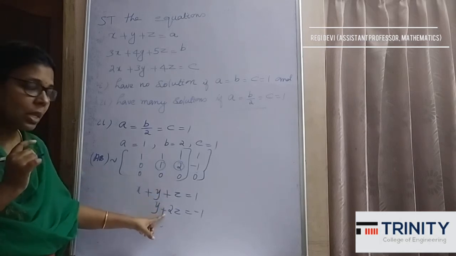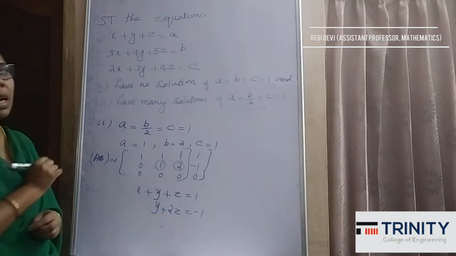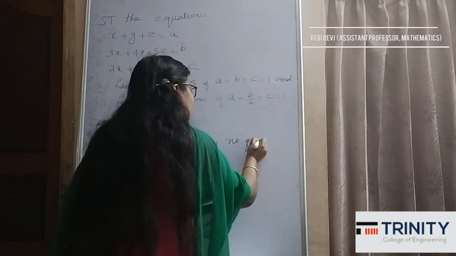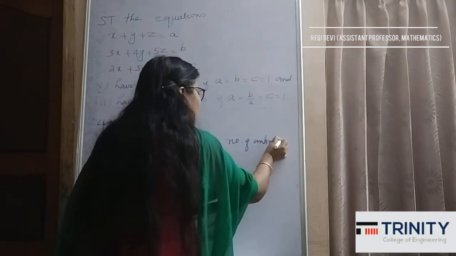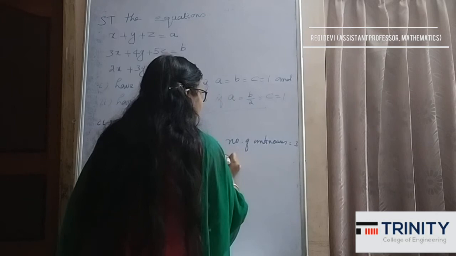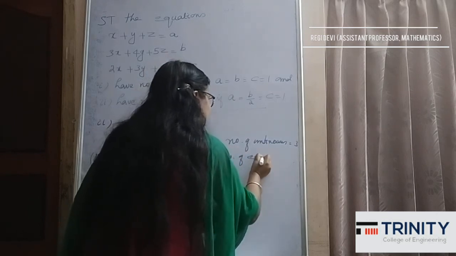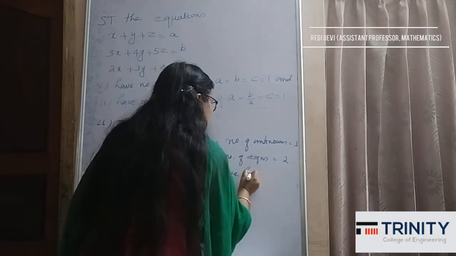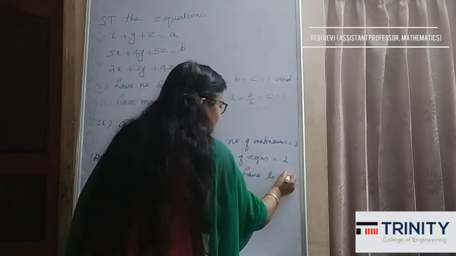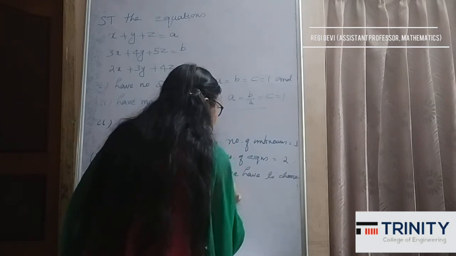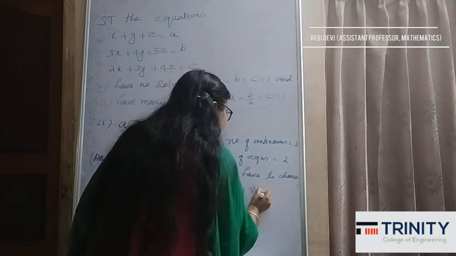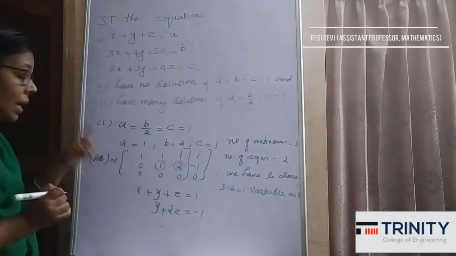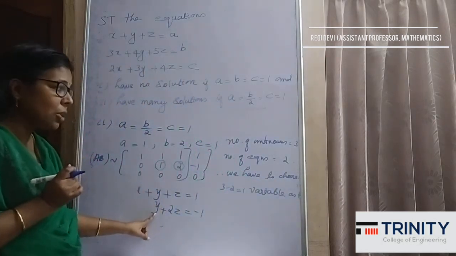Therefore, we have to choose 3 minus 2 equal to 1 variable as t. Either we choose y equal to t or z equal to t.